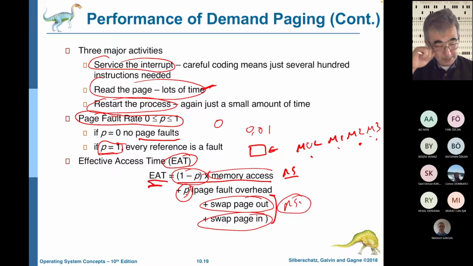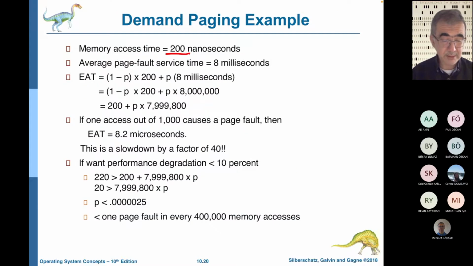For example, memory access time is 200 nanoseconds and the page fault service time is 8 milliseconds. So 1 minus p times 200 plus p times 8 milliseconds. So 200 plus 8 million times p is the effective access time.